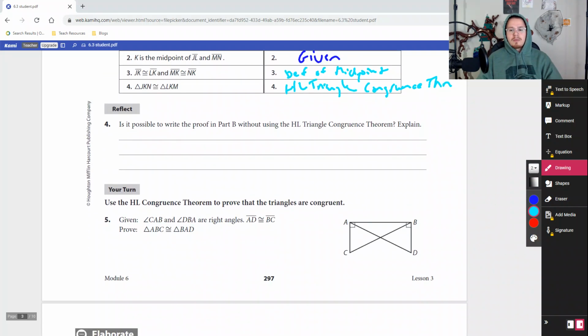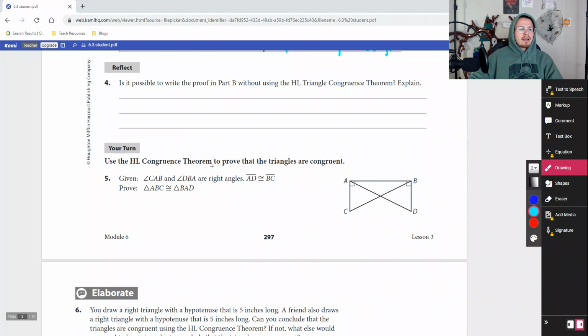Alright, your turn. You want to pause, try this? Go for it. So, right angles, congruence. So this is congruent to this. Prove that they're congruent. So, it is given that those are right angles, clearly, and we know that these two are congruent.